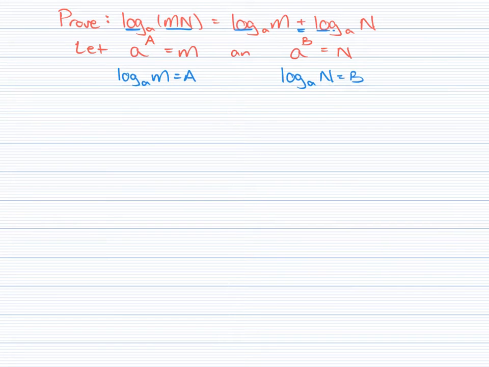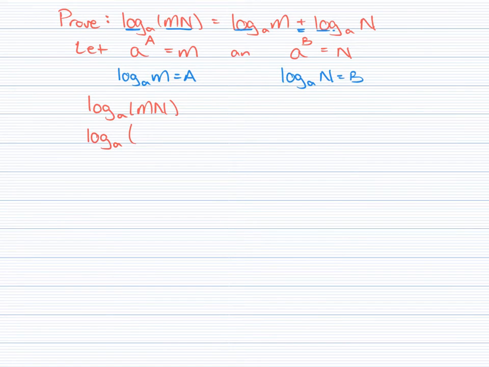I'm simply using my log and exponential properties to move back and forth. So let's start with the fact that we have log base a of m times n. And the goal is to transform this, just like I have here, into these two separate pieces. So what we're going to do first is a little substitution with our initial definitions, and we'll write this as log base a.